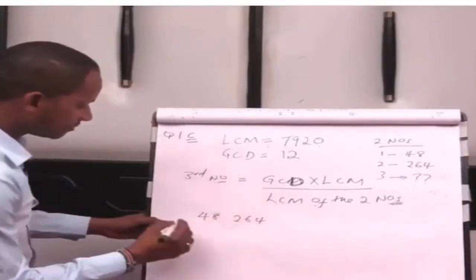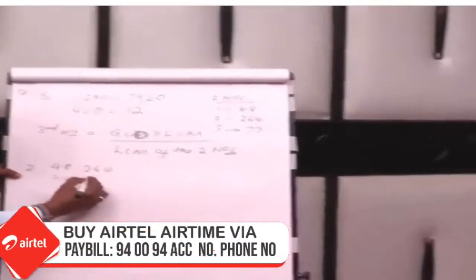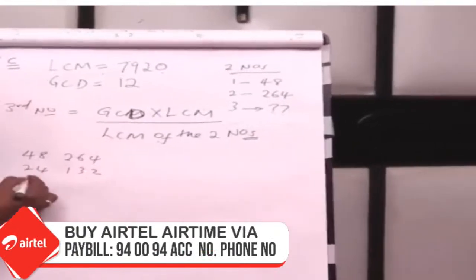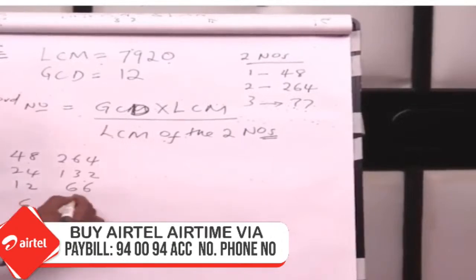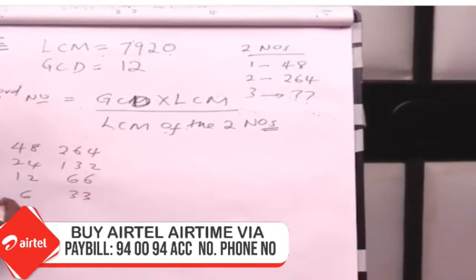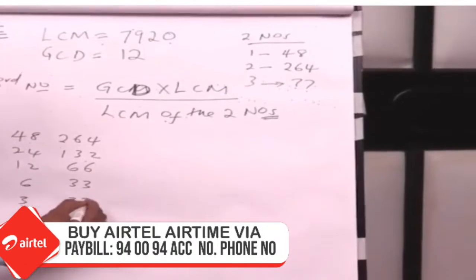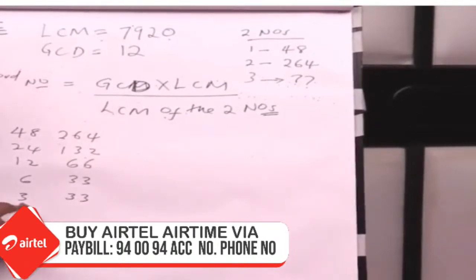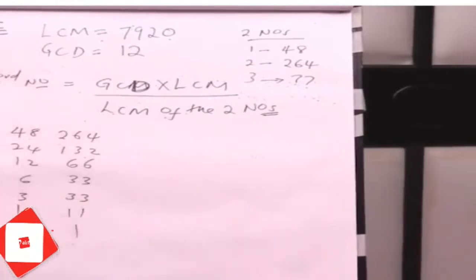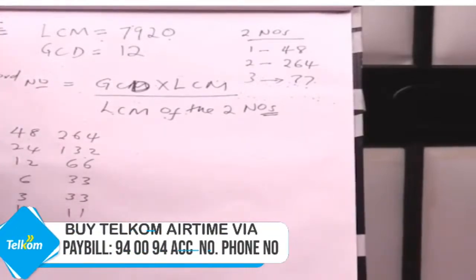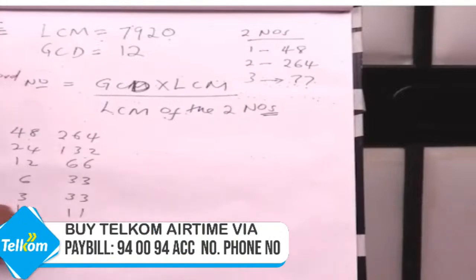For the least common multiple, start with 2. 2 here 24, 2 here 132, then 2, 2 here 12, 2 here 66, then 2, 2 here 6, 2 here 33, then 2, 2 here 3, then you bring down 33, then 3, 3 here 1, 3 here 11, then 11, 1, 1. Remember, I told you when you're finding LCM, they want the least common multiple. So you ensure that whatever you get here is 1 and 1.